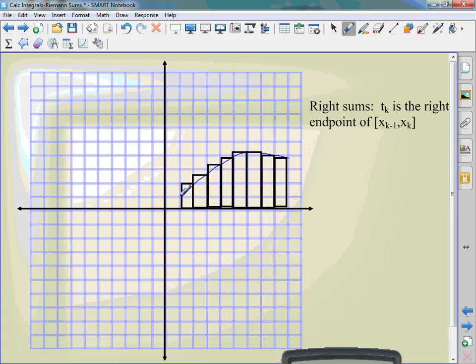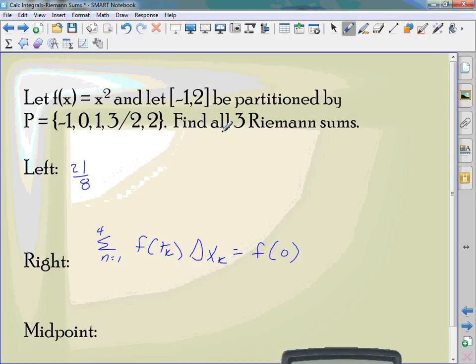Is that the corner point for my rectangle? Which one is? The next one, which is 0. For the left, you use the first ones. For the right, you use the last ones.